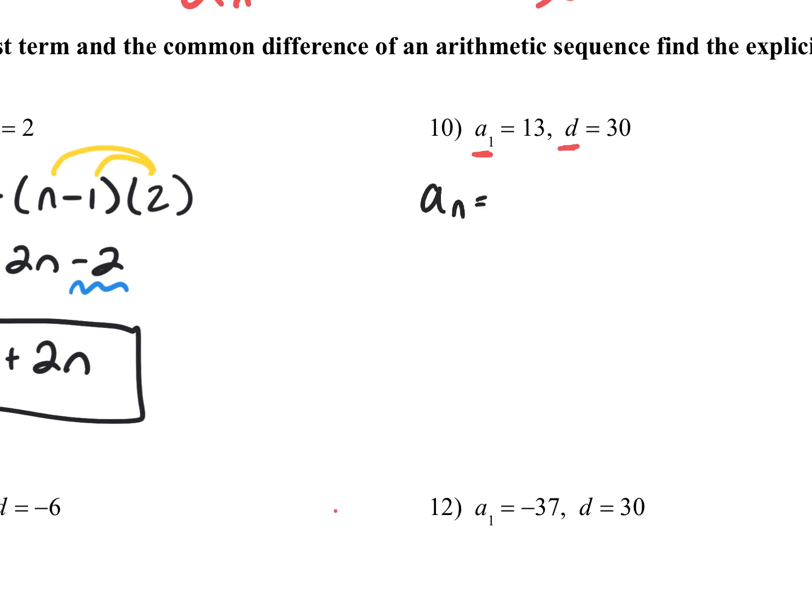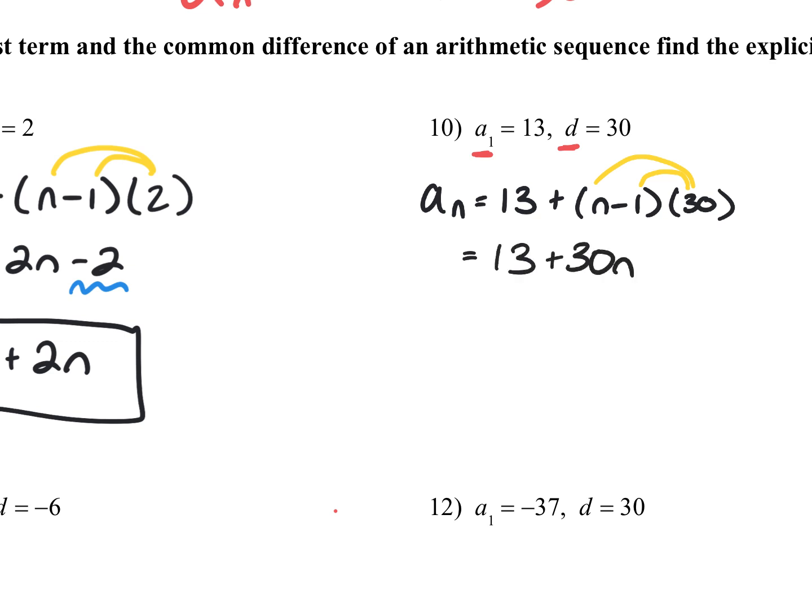a sub n would equal 13 plus n minus 1 in parentheses times your d value, which is 30. You've got to distribute that 30 so that we can simplify this out. 13 plus 30n minus 30, because 30 times negative 1 is negative 30.